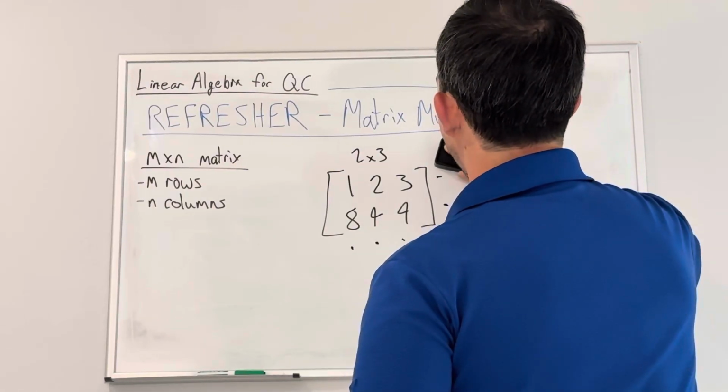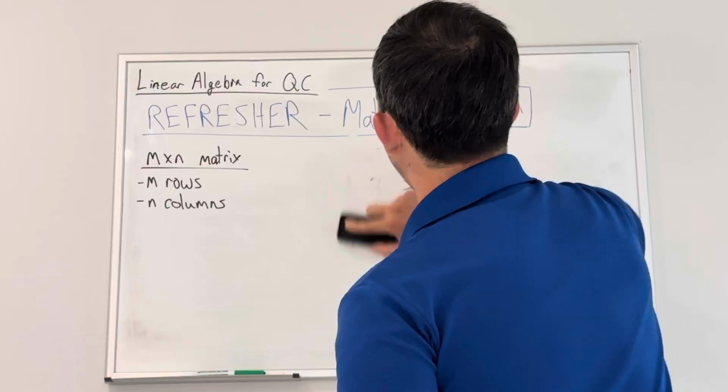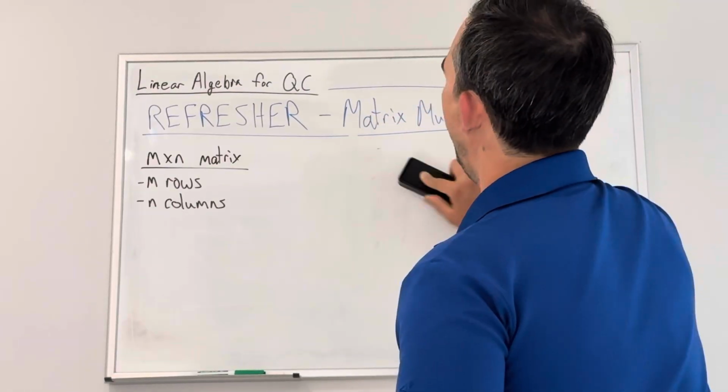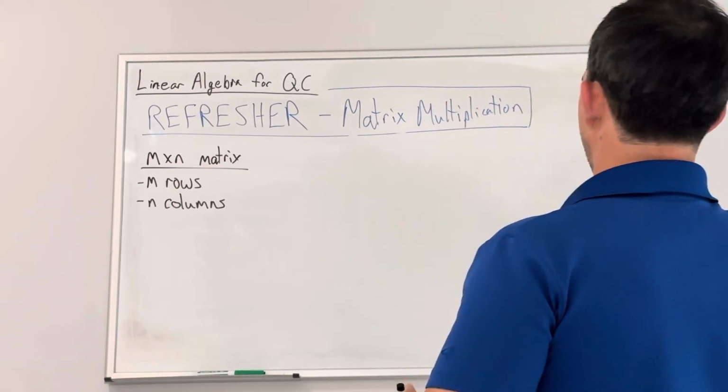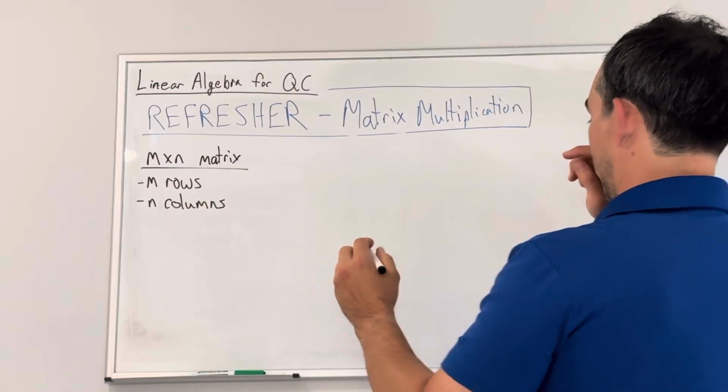In general, if I want to multiply two matrices together, I have to understand the size of these matrices.